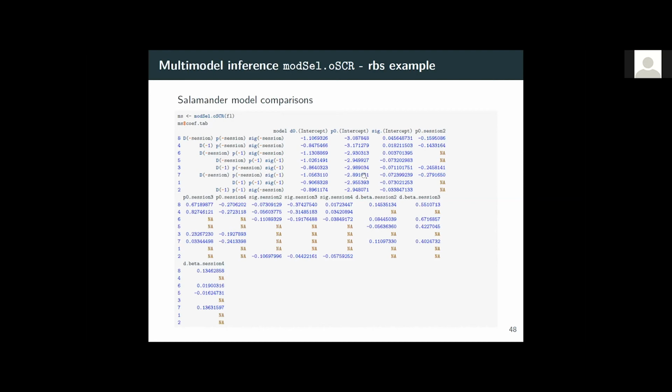You can see here that every model has an estimate for an intercept, and that's correct. But for models that weren't session specific, for example, here's P0 session 2, this model just had a fixed detectability. So there's no session 2 estimate here.